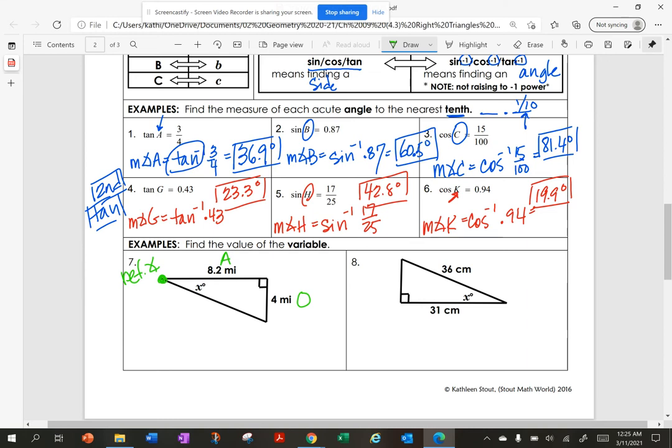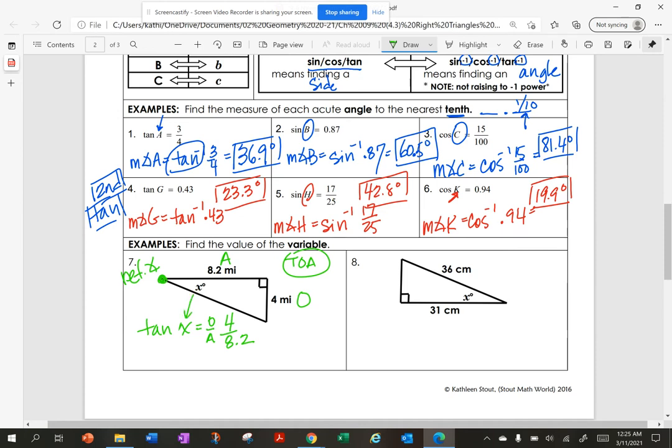I'm not using the hypotenuse, so I'm not worried about it. Since I have opposite and adjacent, I know I'm going to use tangent. So I'm going to say the tangent of x equals opposite over adjacent. So opposite is 4 and adjacent is 8.2.